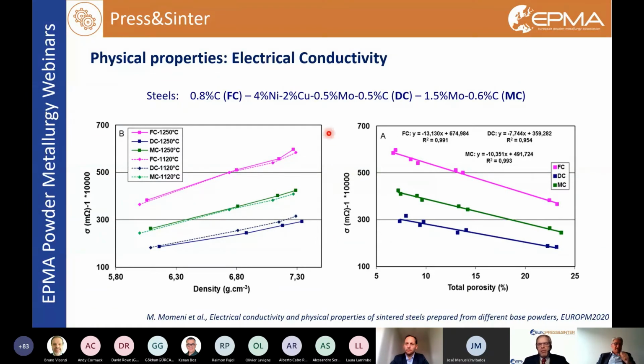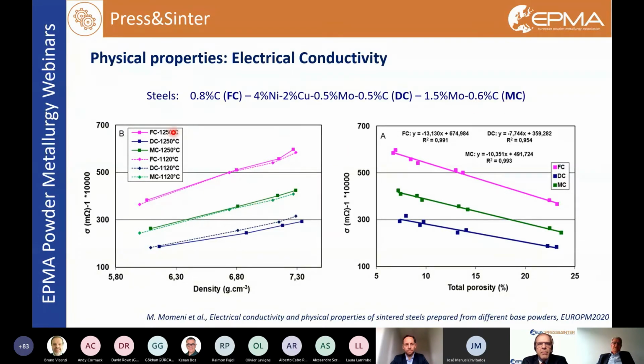Here, the electrical conductivity is reported as a function of density or porosity for three different steels: a carbon steel, FC, these points; a high alloy steel, DC, these points; and the less alloyed steel, MC, the other points of the figure.